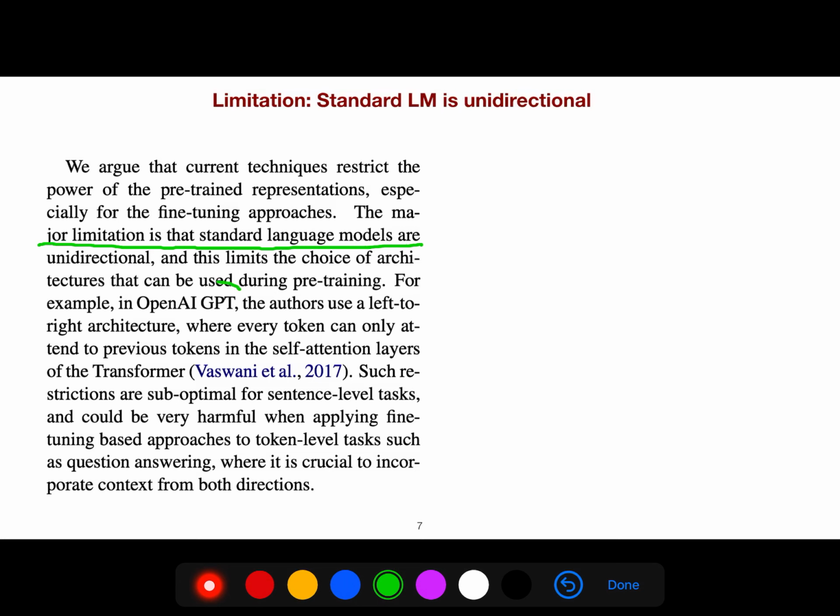For example, in OpenAI GPT, which everybody loves, the authors use a left-to-right architecture, where every token can only attend to previous tokens. Such restrictions are suboptimal for sentence-level tasks and could be very harmful when applying fine-tuning based approaches to token-level tasks such as question answering.